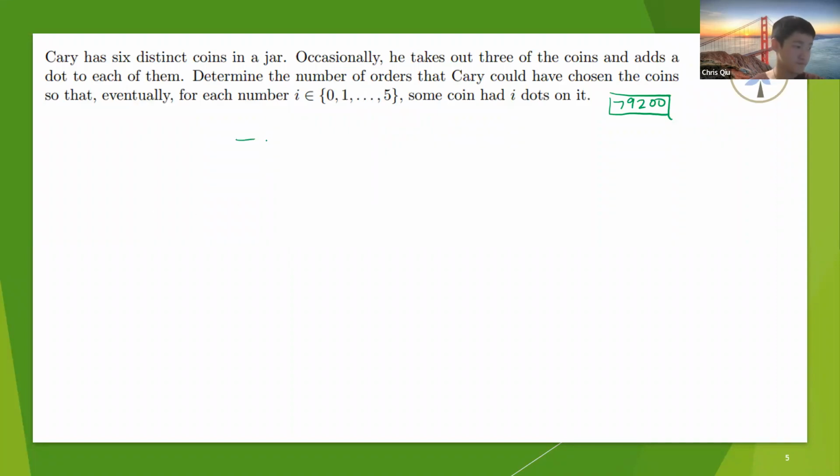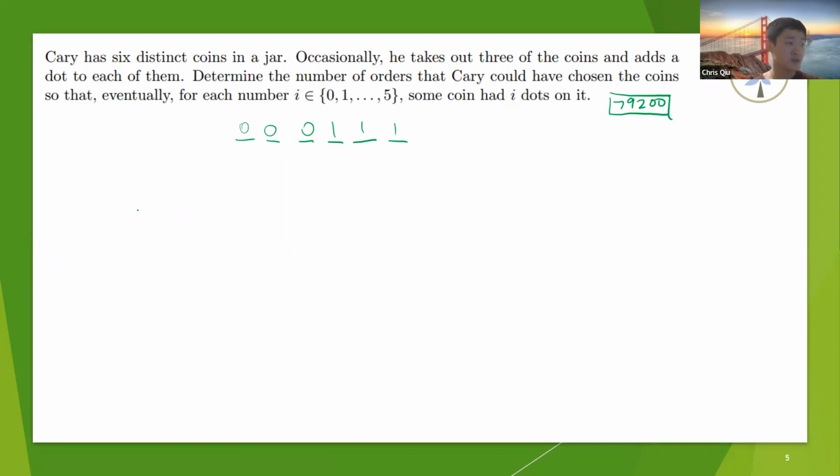So let's say these are our 6 coins. After we add a dot to 3 of these coins, 3 of these coins are going to have zeros, and 3 of these coins are going to have ones, as in 0 dots or 1 dot.